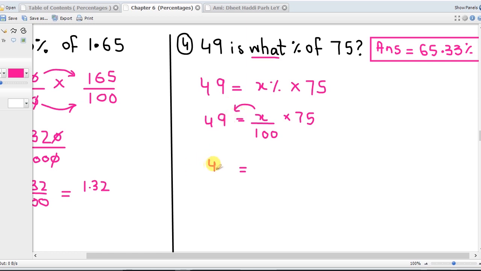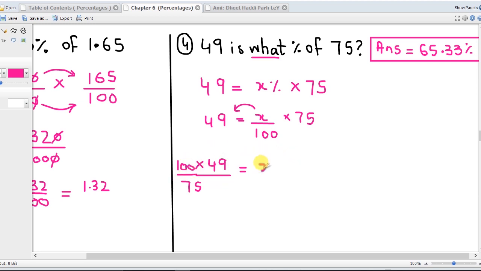So write 49 here, and then this 100 is dividing on this side. So once I shift it towards the other side of the equation, it will get multiplied, right? And this 75 is multiplying on this side of the equation. So once you shift it towards the other side, it will get divided, right?